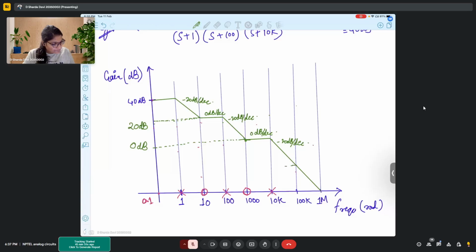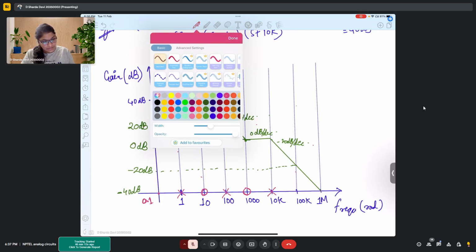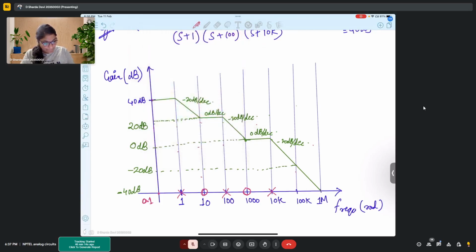And here we'll get two values of minus 20 dB, and let's say here we are getting 40 dB. Now, there is something interesting about this particular plot that I want to highlight basically.